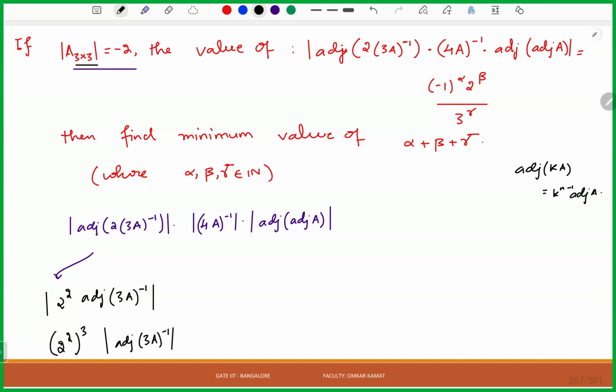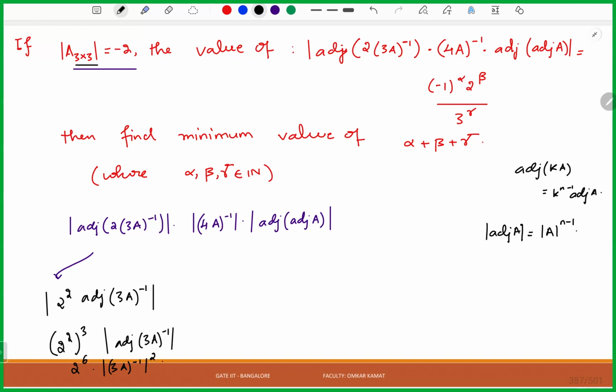Now this adjoint of (3A) whole inverse we have to remove. How can we remove? We know that determinant of adjoint of A is equal to determinant of A to the power of n minus 1. Correct or no? So the same thing here also. 2 square will be 2 to the power of 6 over here. Now adjoint of (3A) whole inverse will be nothing but determinant of 3A to the power of minus 1 to the power of 2.